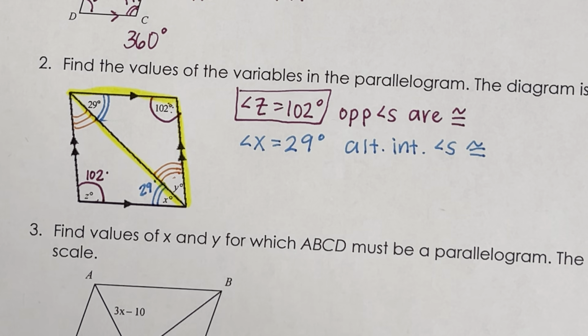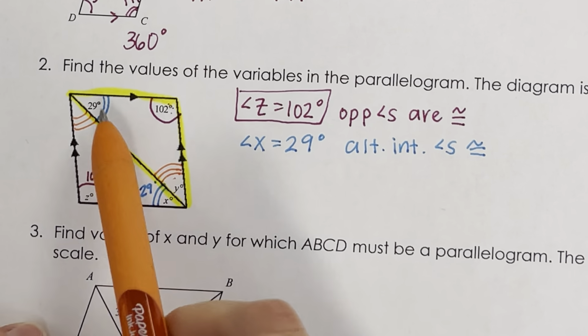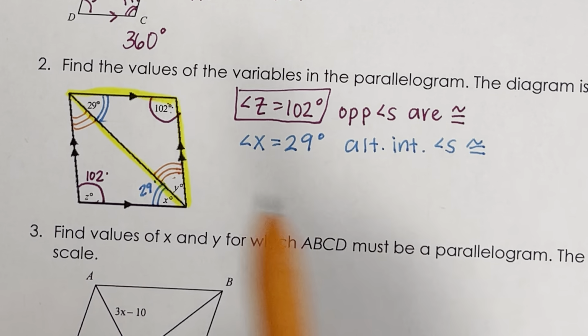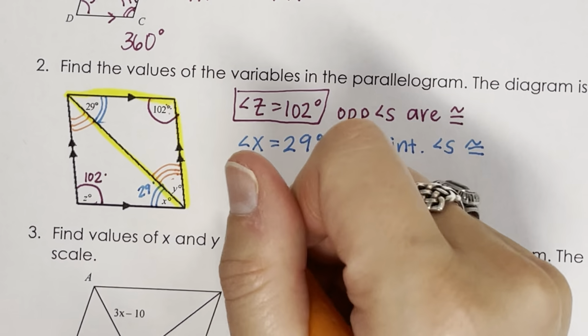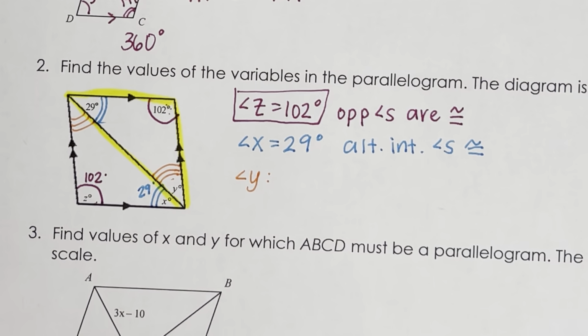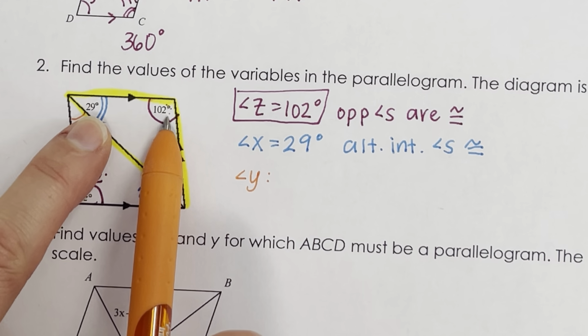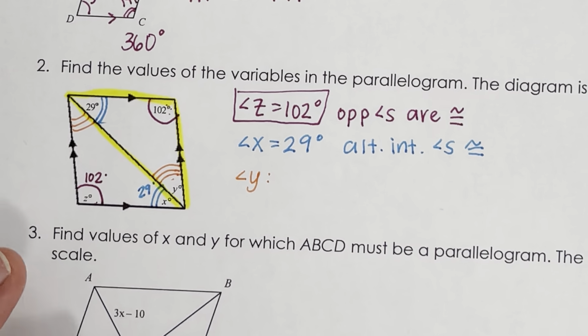I know that a triangle has 180 degrees. I already have 29 and 102 of the 180. So to figure out my angle Y, I'm going to take 180 and subtract the 102 and 29. That'll give me what's left over for angle Y.